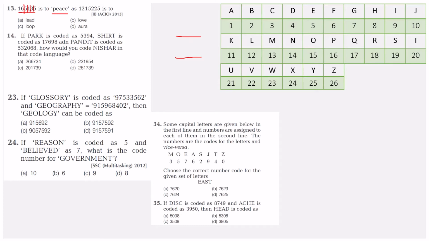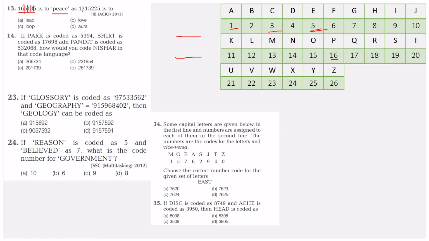So each number relates to each letter in piece. So P is for 16, right? Yeah, over here. And E is for 5 over here. A is for 1. And C is for 3. And E is for 5 again.